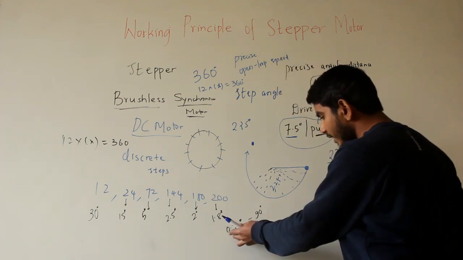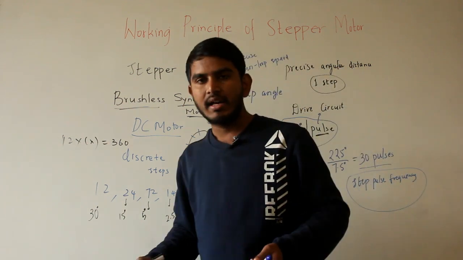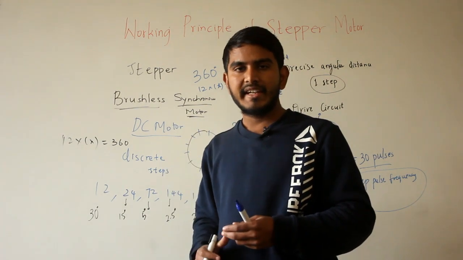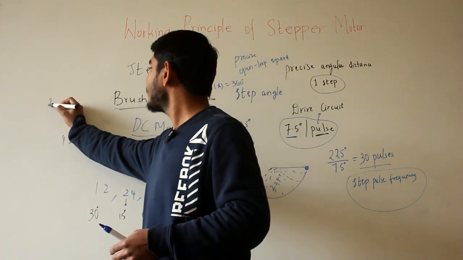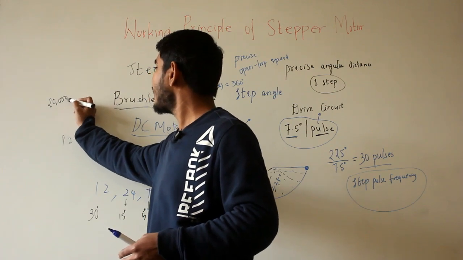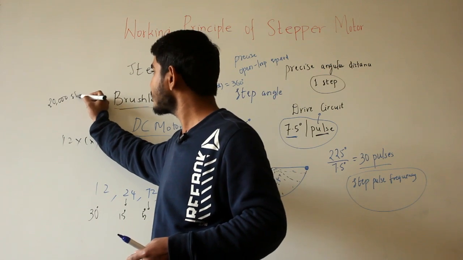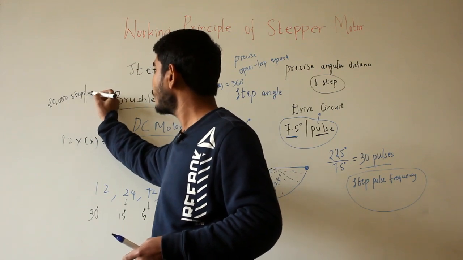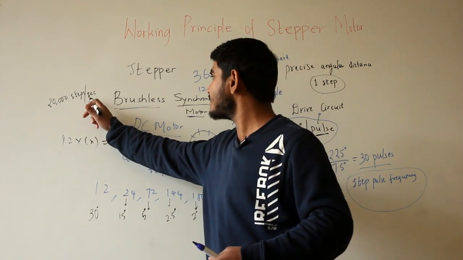Your stepper motor is an extraordinary operating motor. It can have a highest stepping rate of 20,000 steps per second. 20,000 steps it can move in a single second.